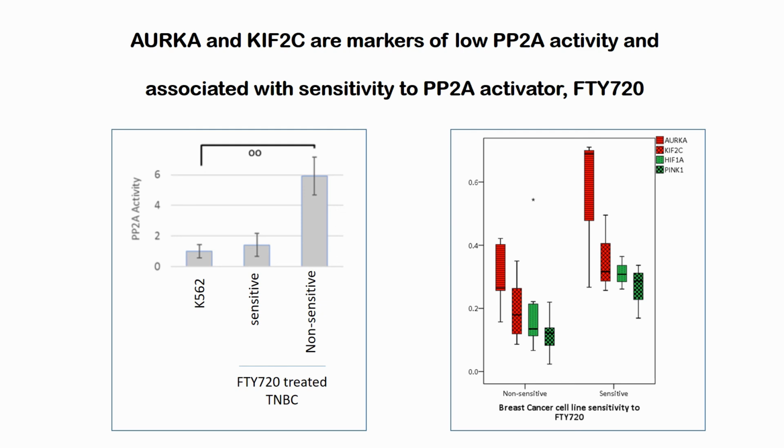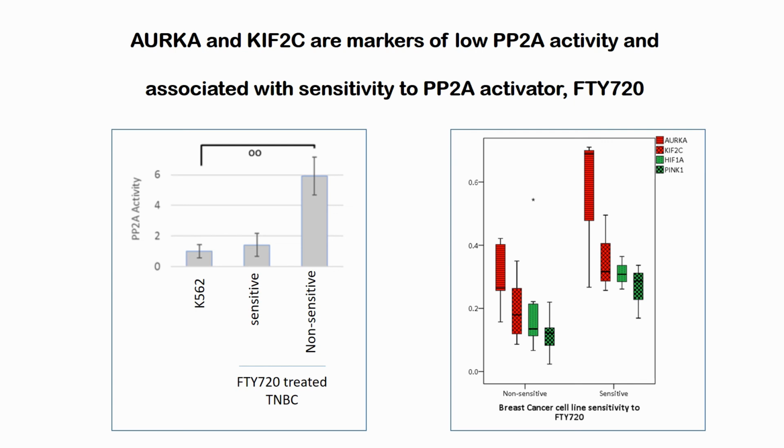So when we did all this transcriptomic work and checked the networks and gene networks, we encountered this particular panel, and we put our interest in AURKA kinase A and KIF2C as the markers.